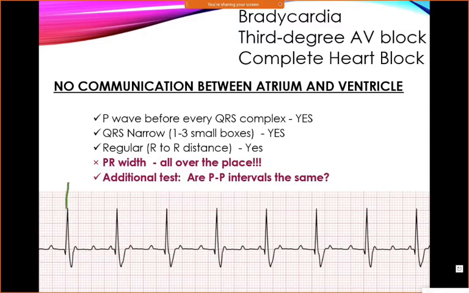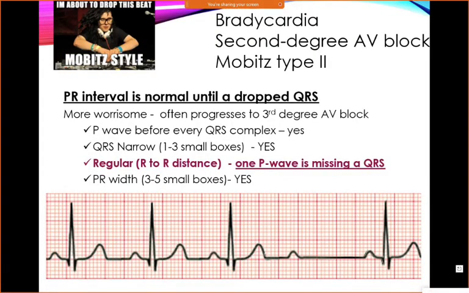We have an R to R interval of, let's guesstimate 1, 2, 3, about 4 large boxes, a little less than 4 large boxes. We are getting that R to R interval with nothing dropping out. Okay, we're doing good here. There's an R to R interval, completely regular. There's nothing dropped. Let me show you the dropped R to R.